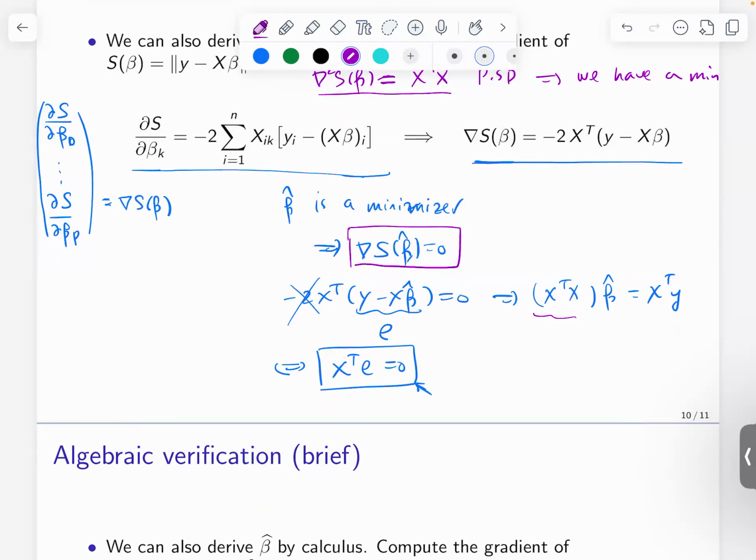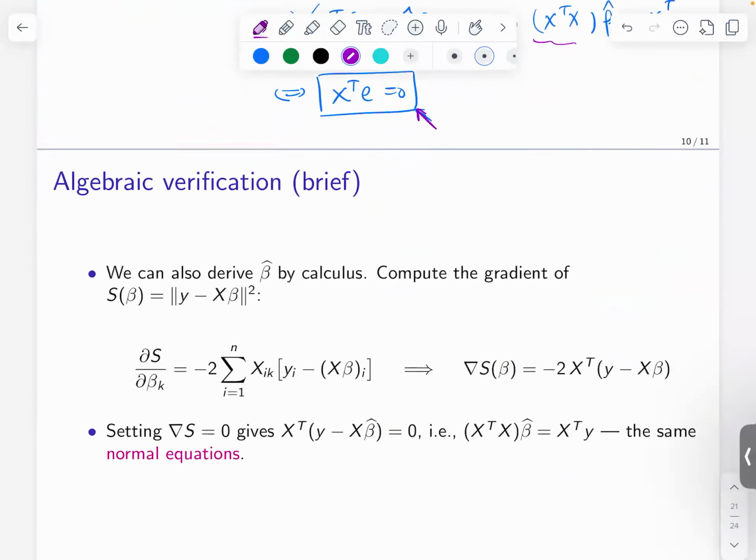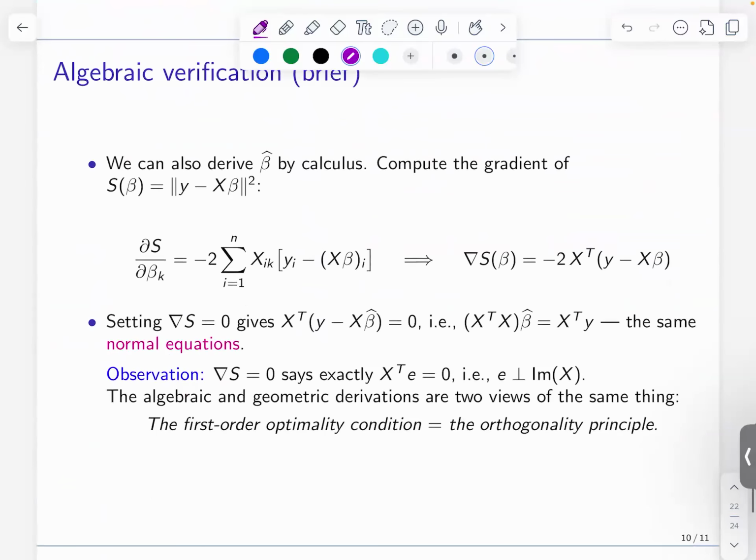This gives you a brute force calculus way, or algebraic way, of calculating, but using the same geometric idea without actually realizing it first. Okay, so you get the same thing. And so the idea is that the gradient being 0 is exactly the same as E being orthogonal to the image, or being inside the kernel of x transpose.